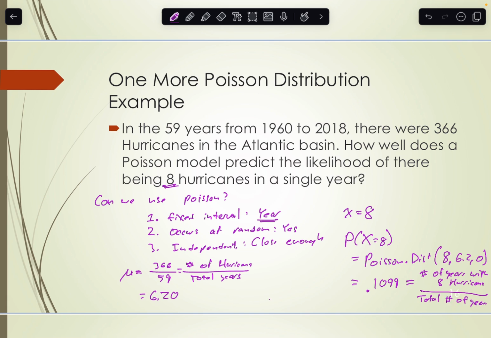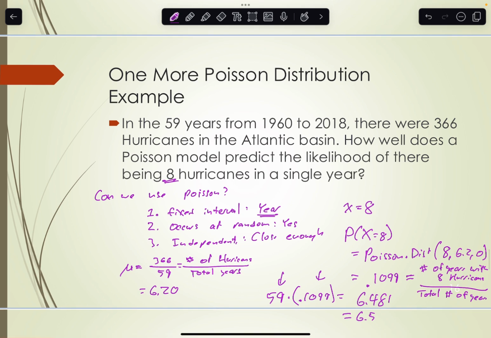So I can use this model, multiply the total number of years by this number, and I should recover the number of years that there were 8 hurricanes. All right, and what do I get? I get 6.481, so about 6.5 years, because this is years.